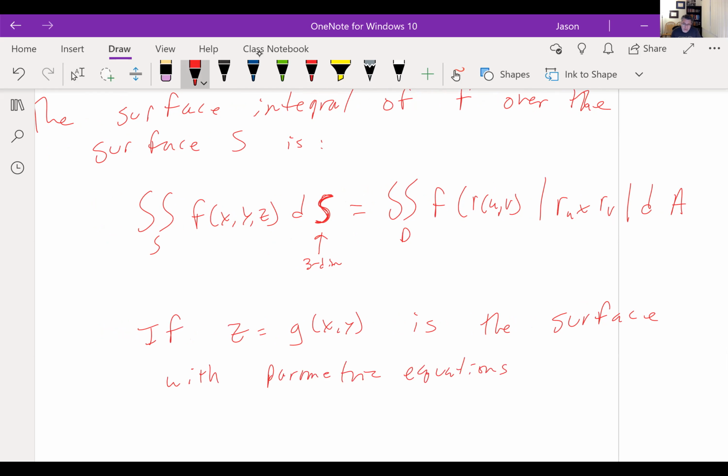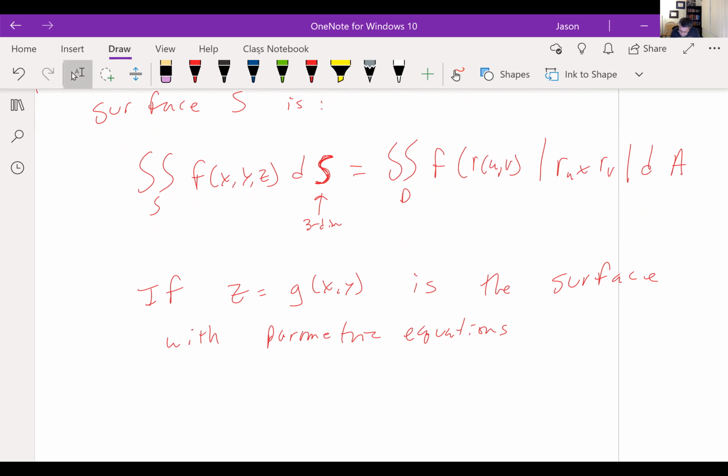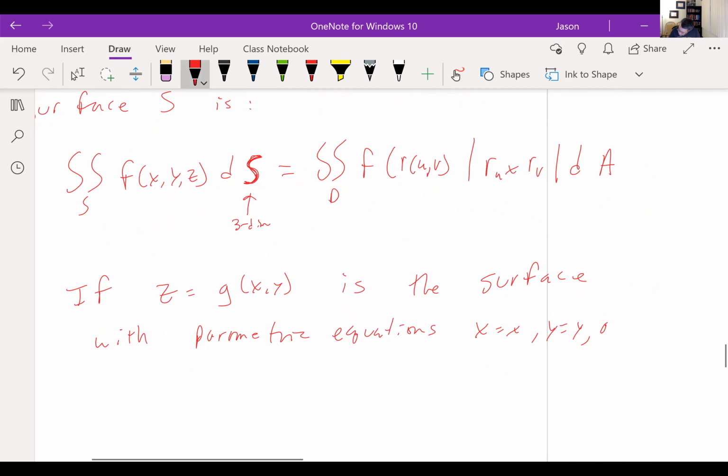Where z is equal to something in terms of x and y, we could solve for z. It's a function of x, y, right? Then we could say x equals x, y equals y, and z equals g of x, y.